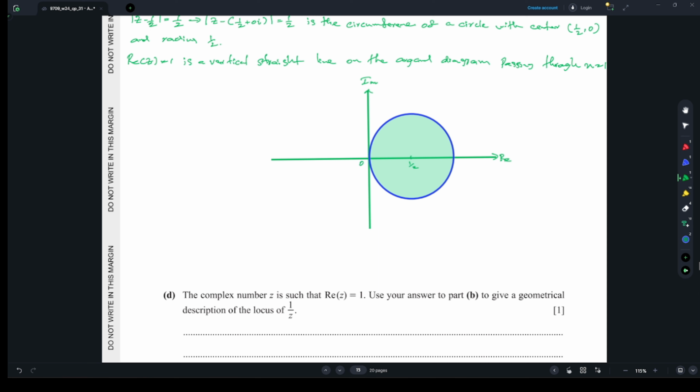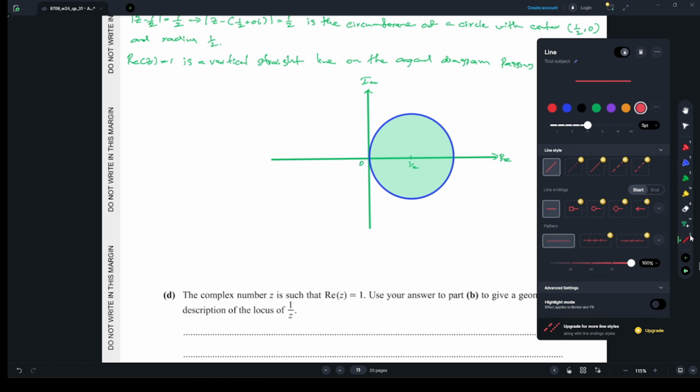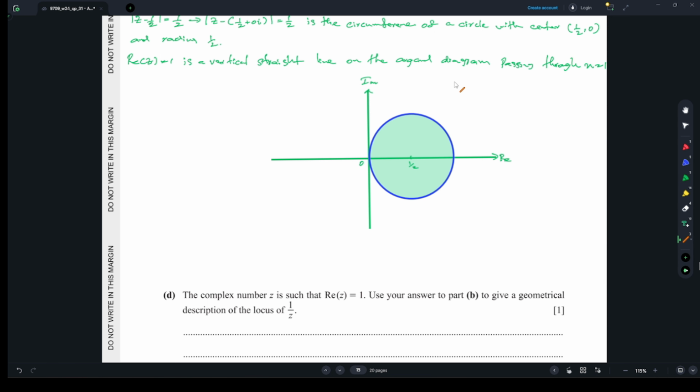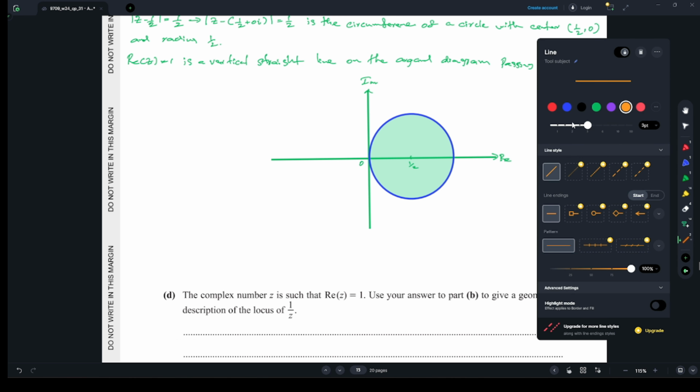And also we have to draw the line. Let's take the line here. For that one we will use another color. Sorry, thickness I should change to 2.